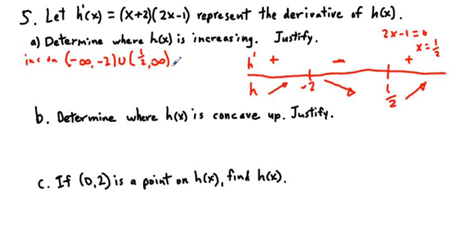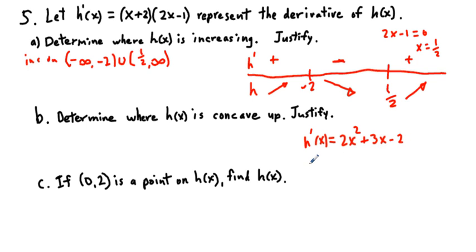Well, for that, we're going to have to do some more analysis. I'm going to try to figure that out by multiplying through on this. We could use the product rule, but what we're going to have is that h prime of x equals 2x squared plus 4x minus x, so we're going to get plus 3x, and we're going to get minus 2.